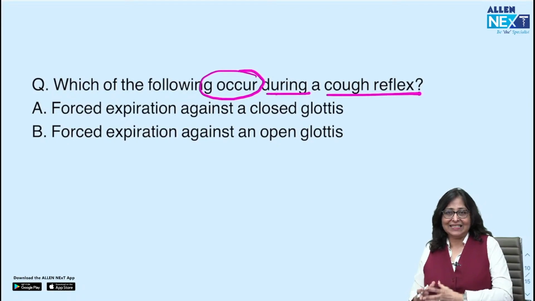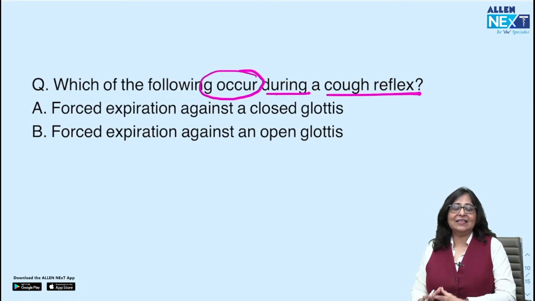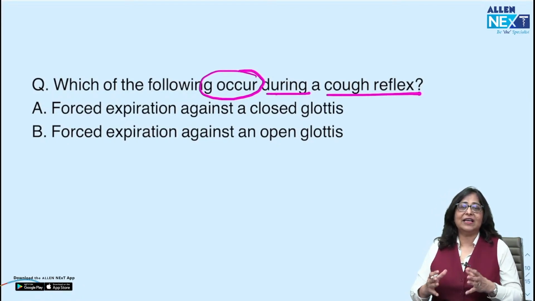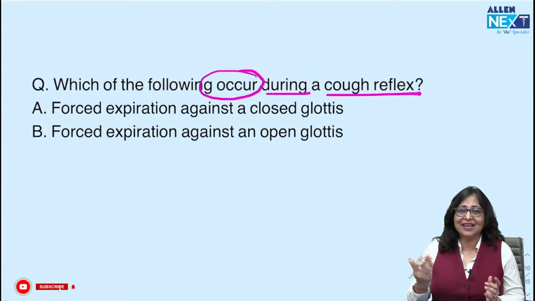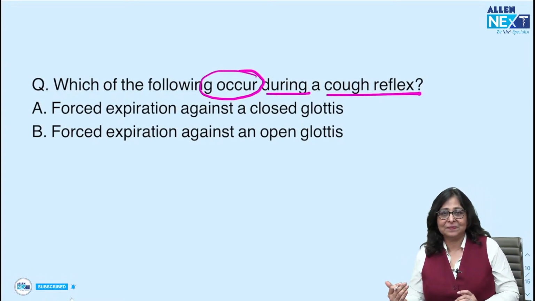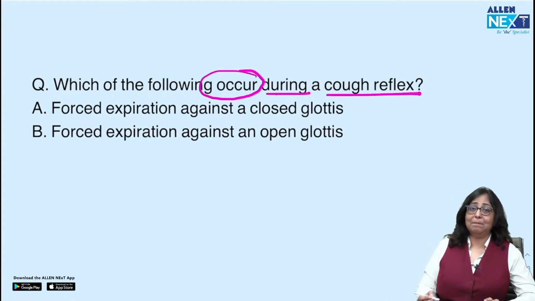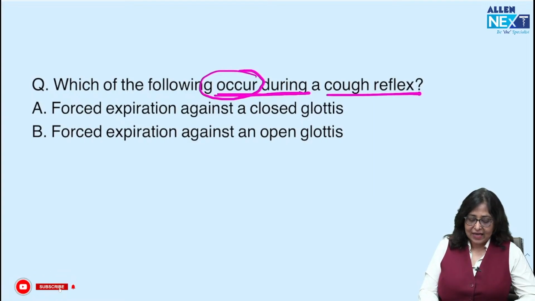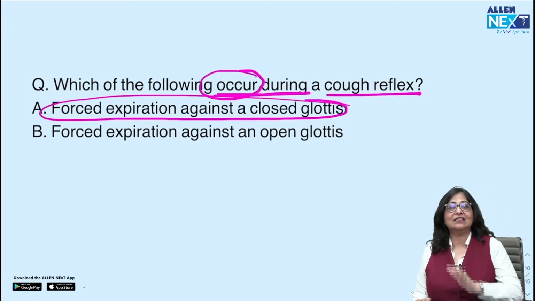Whereas what happens during sneezing? During sneezing, the forced expiration is against a continuously open glottis. So because the question asks what occurs during a cough reflex, my best answer would be forced expiration against a closed glottis.